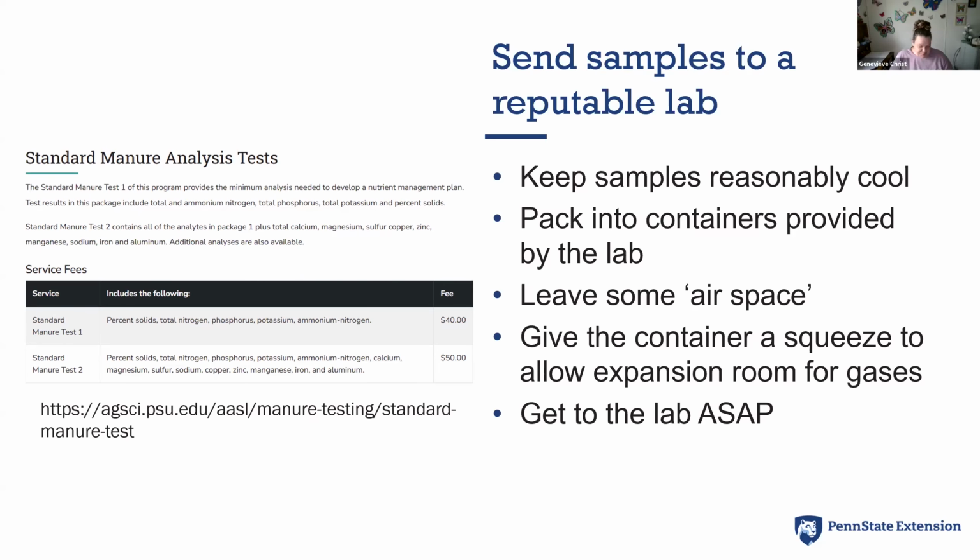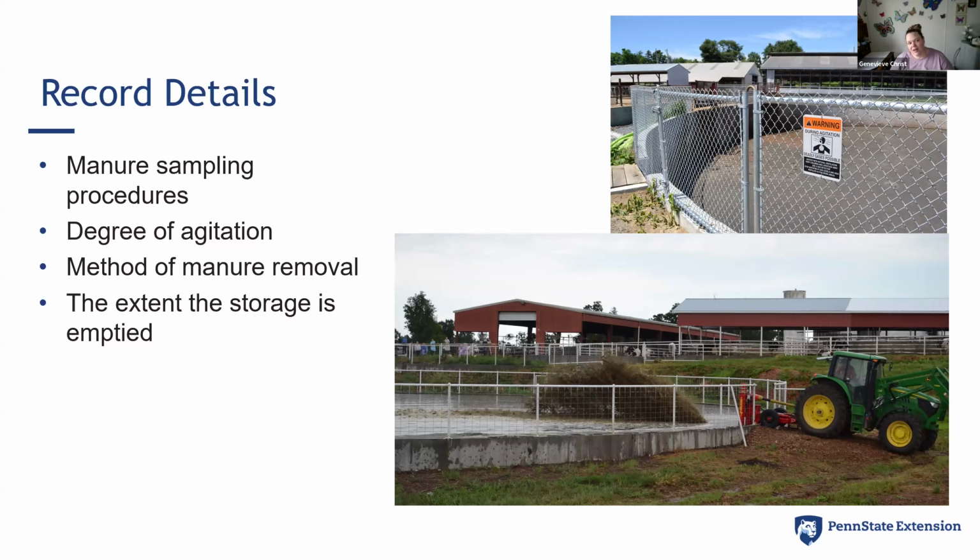And you want to record the details of your manure sampling procedures, because sometimes our manure test results might come back and we might look at them and say, this doesn't make sense, or this isn't what I was expecting. And so having records of the procedures that were followed while sampling matters: how much agitation occurred before that tank started to be emptied?